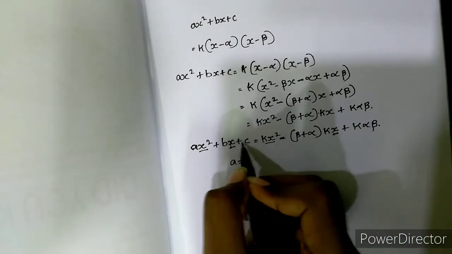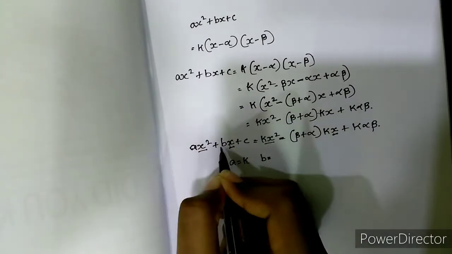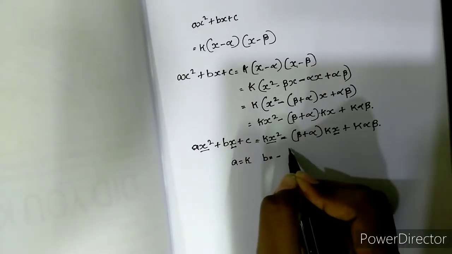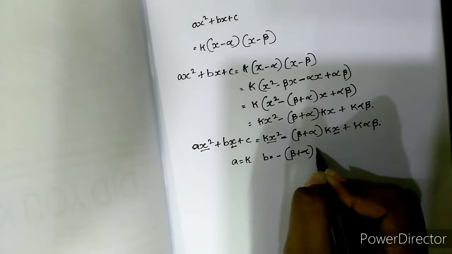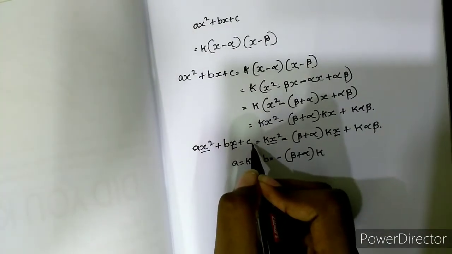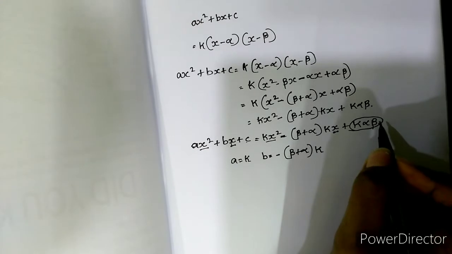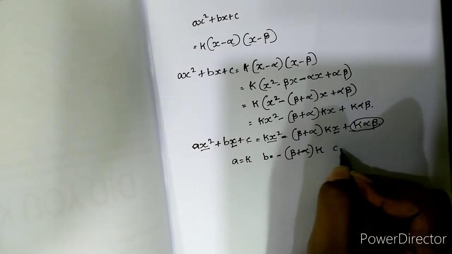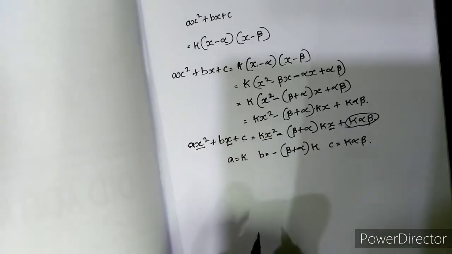What is remaining? We equate that b is equal to minus of beta plus alpha k. Now next, c is a constant. Its total is c, nothing but constant. c is equal to k alpha beta.